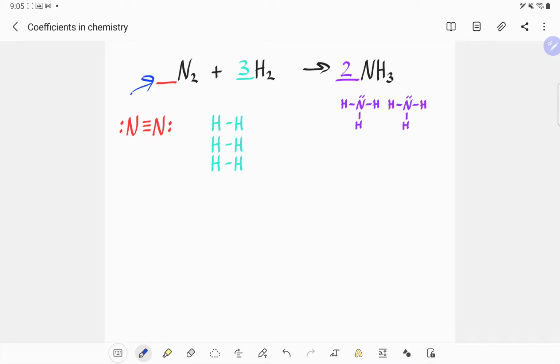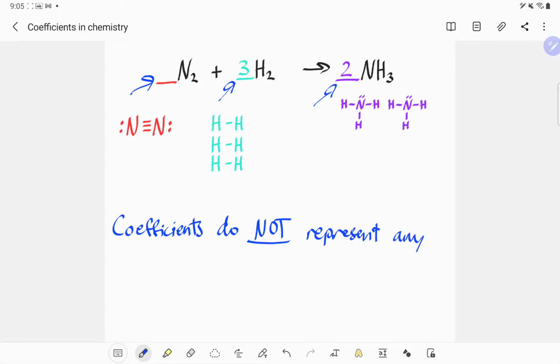So these coefficients do not represent any unit of measurement, such as mass, they do not represent mass.